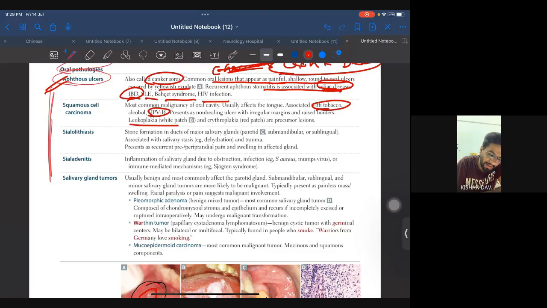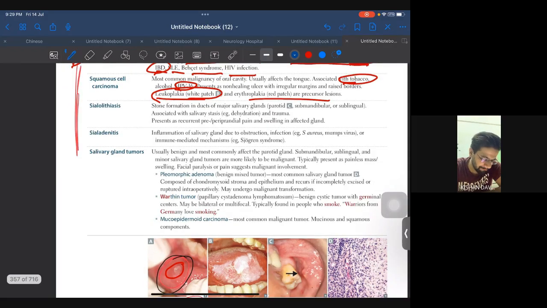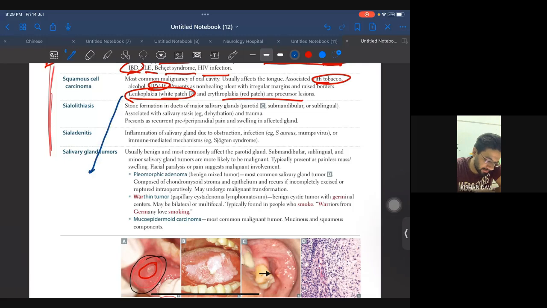Leukoplakia and erythroplakia. So leukoplakia में white patch and erythroplakia. Now one important thing they asked it in the BNB they have taught this. कि leukoplakia and you have one more stuff. Yeah, candida infection that they cause. Okay, so how you will distinguish between leukoplakia and candida?